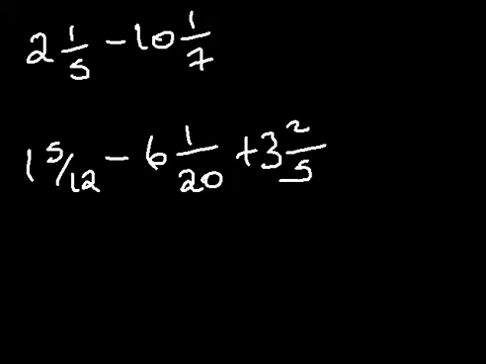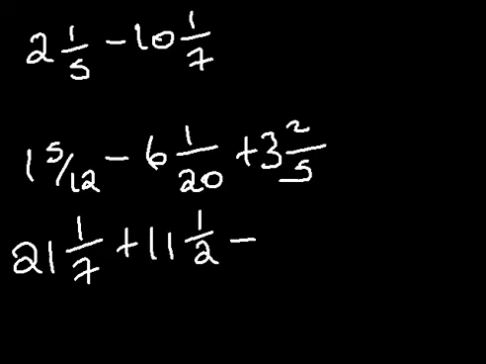And also try this: 21 1 over 7 plus 11 1 over 2 minus 6 over 11. So try to do those in your own time.